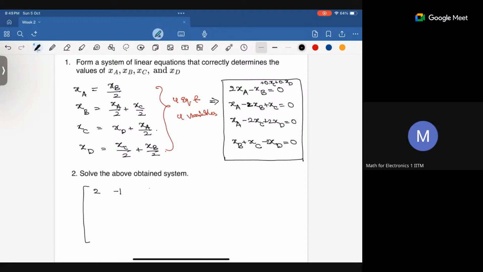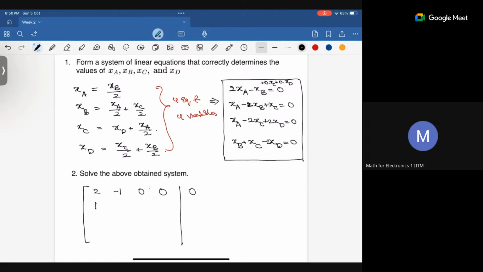If you don't have any variable in any of the equations, you just add that variable by multiplying it by 0 as its coefficient. So 0 times any variable is 0, so it will not change the equation at all. So 2, minus 1, 0, 0, and we have 0.